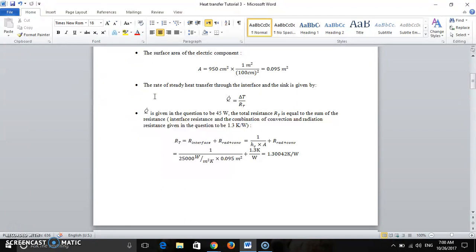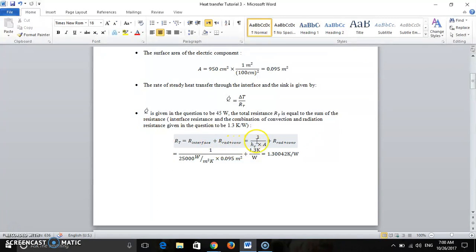In this particular question, the total resistance is equal to the resistance on the interface plus the resistance of the convection and radiation combination, which is given to be 1.3.